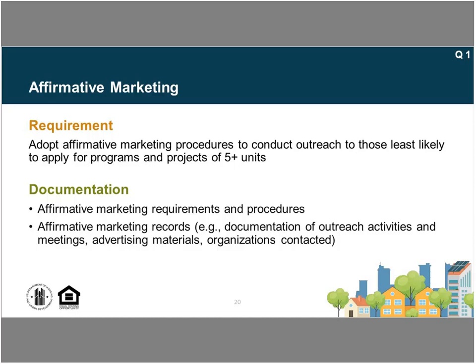So the documentation that would be required for this would be your affirmative marketing requirements and procedures that you've developed for your program as a whole, and then the records that support the implementation of that affirmative marketing specifically for the DPA program, documenting your outreach activities, meetings, materials, organizations contacted, other efforts that you made.